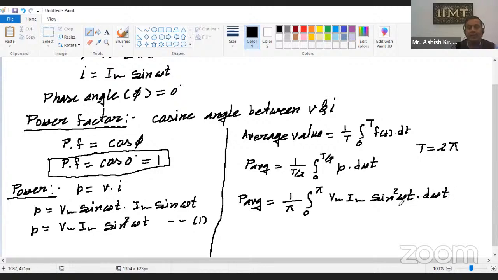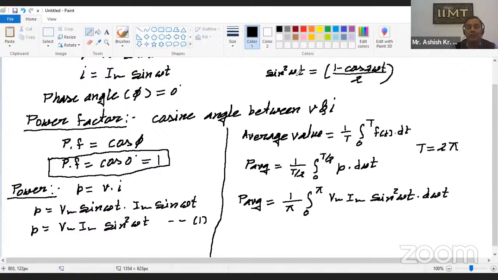There is no direct integration of the sine square function, so we have to convert sine square omega t into a cos 2 omega t form. The formula for sine square omega t is 1 minus cos 2 omega t by 2.